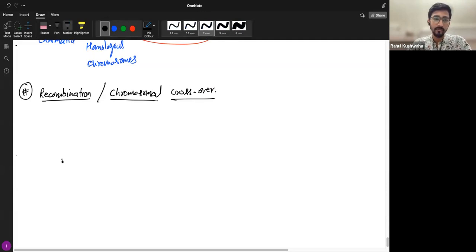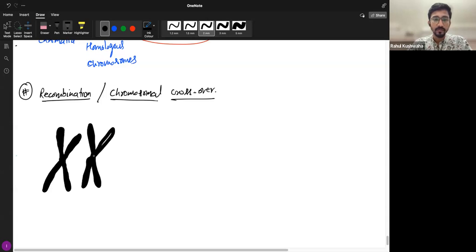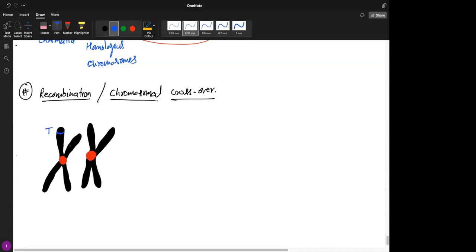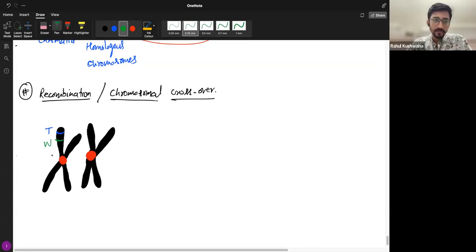Something like this. Let's say this is one chromosome, and this is the homologous pair of the chromosome. To make things clear, let's also mark the centromere. Now let's say on this chromosome we have two genes. I'm marking this in blue, capital T. The green here is, let's say, for color.